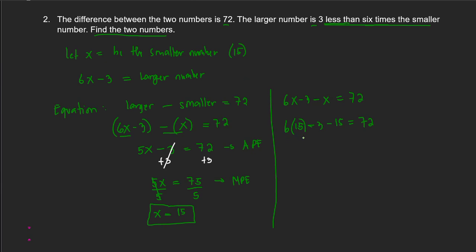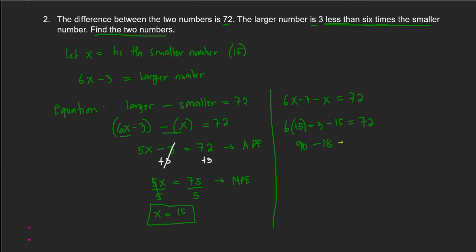Okay? 6 times 15, that is ilan? So 30. So 6 times 15, that is equal to 90. Okay? And negative 3 minus 15, so that is negative 18.